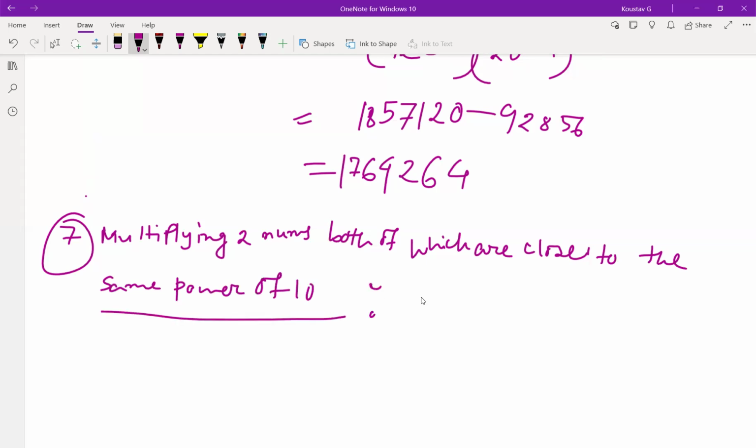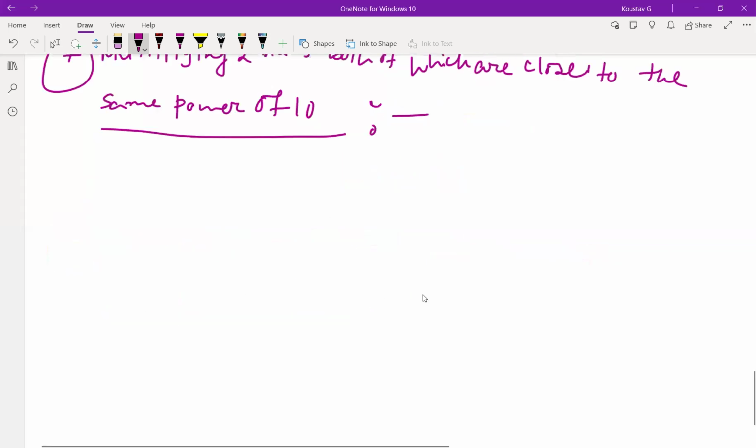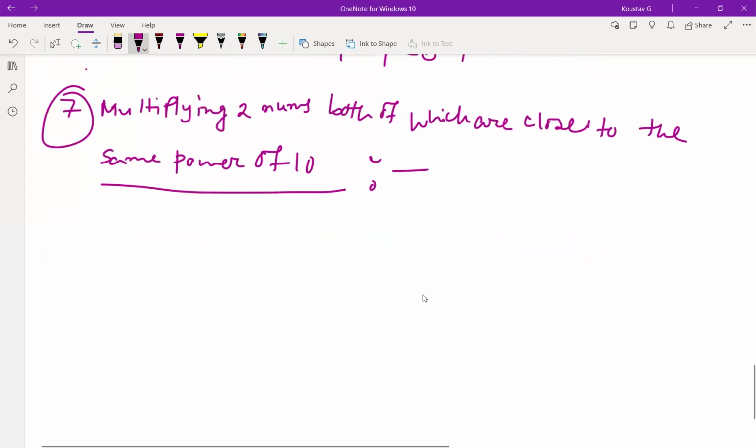So what will you do? Suppose multiplying two numbers, both of which are close to the same power of 10.